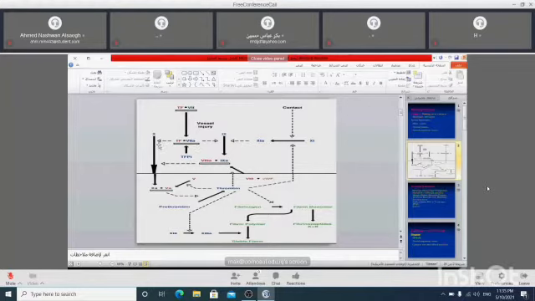So factor 10 is activated by these two pathways. We study the extrinsic pathway by the prothrombin time, the intrinsic by APTT. هي تعرفوها APTT and PT.